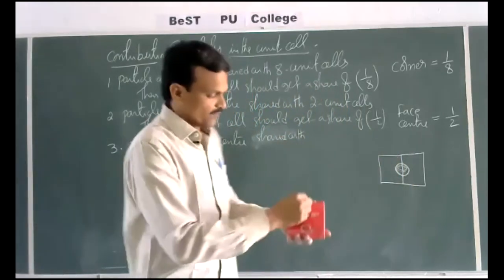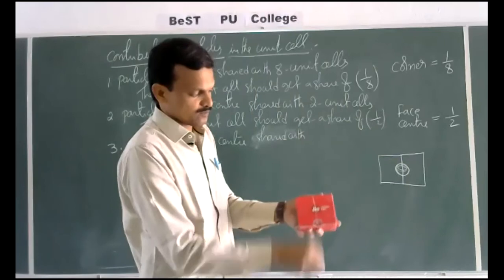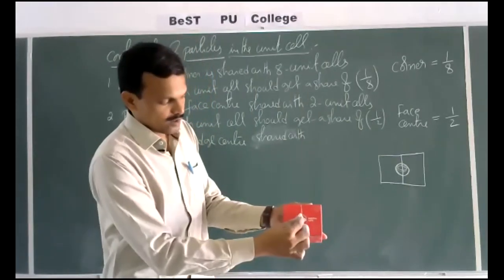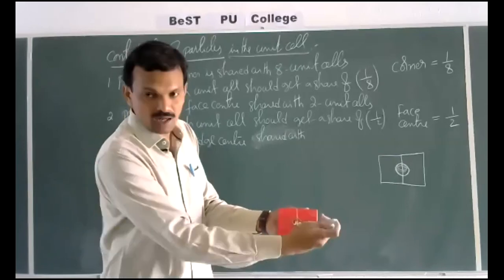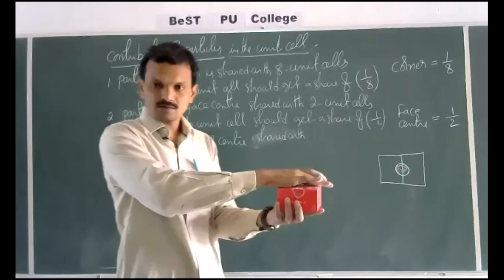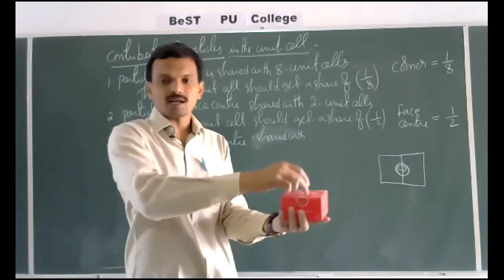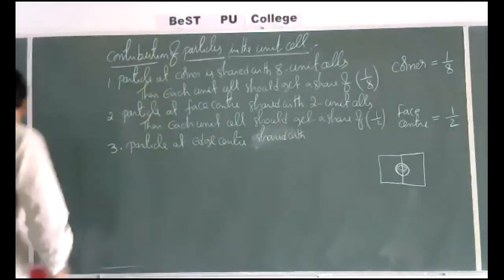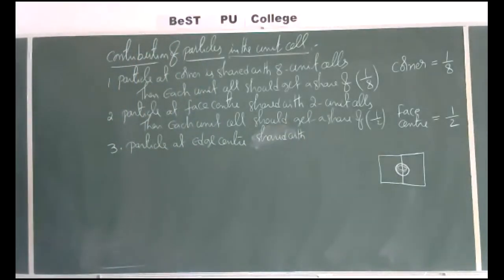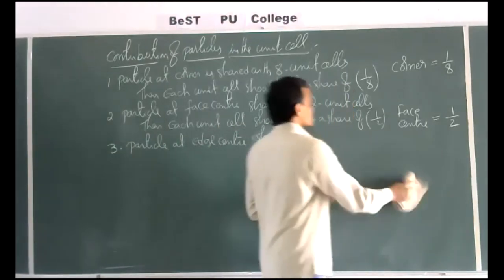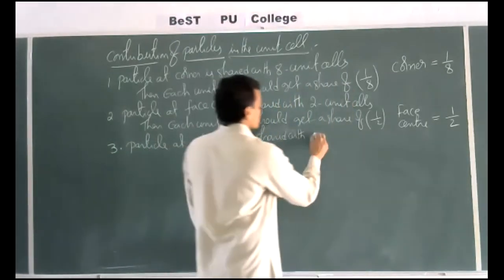That means if I divide this into two parts, let us assume, if I place one particle here, some part belongs to this and some part belongs to this. Exactly over these two, I can place two more like this. Then this particle will be completely covered. That means if a particle is present at the edge center, that particle will share with how many unit cells? 4 unit cells.